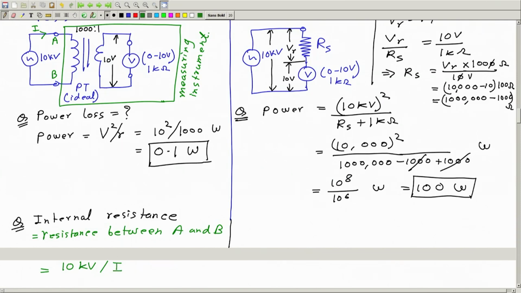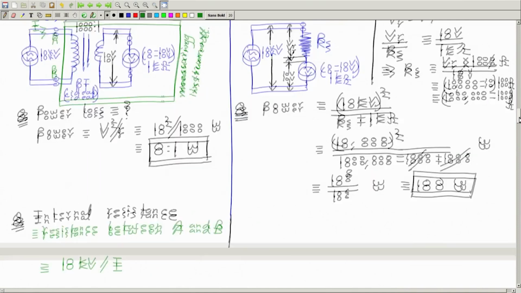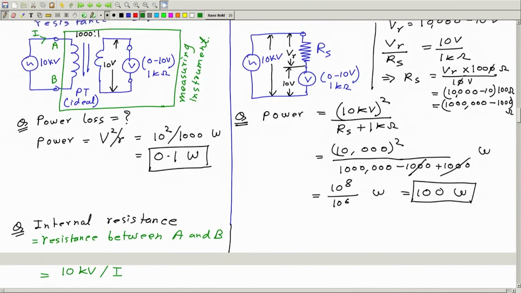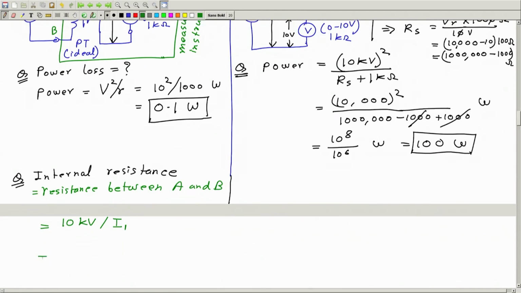Now how much will be this current I? For that, let's call it I1, and let's call this current I2. How much is I2? I2 is 10 volt divided by 1 kilo ohm. So this is 10 milliampere.